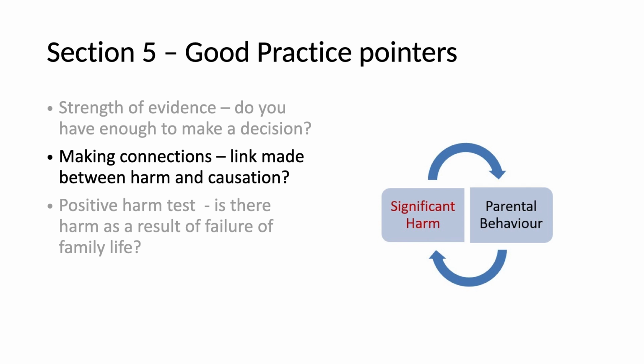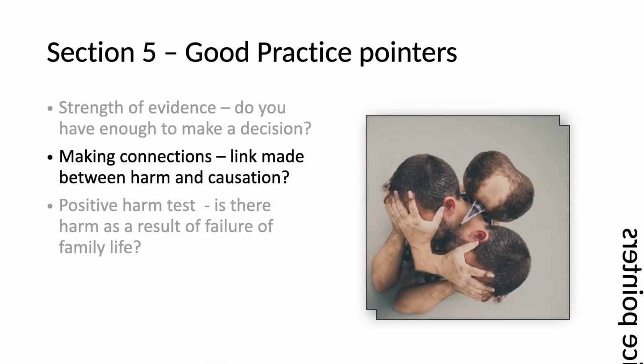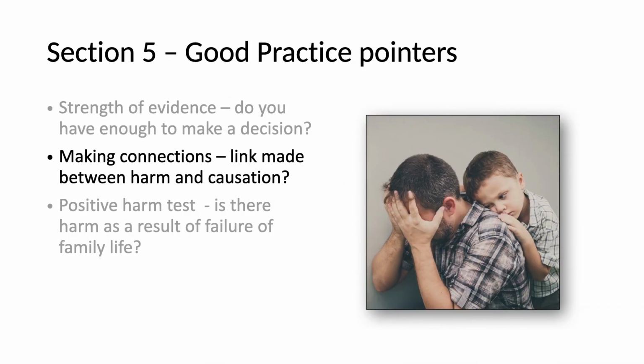It's not good enough to list the shortcomings or deficiency of a parent and then make an observation about general harm and allow the reader to make inferences. If there is evidence of factors related to the behaviour of parents, and if these have relevance to a conclusion of significant harm, it should be explained how these things relate to each other.